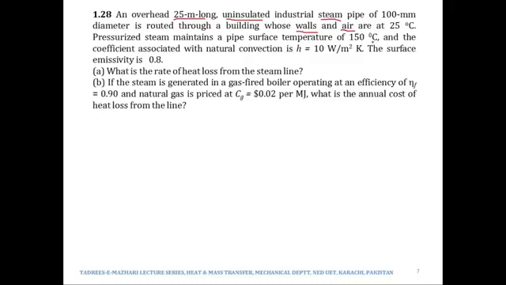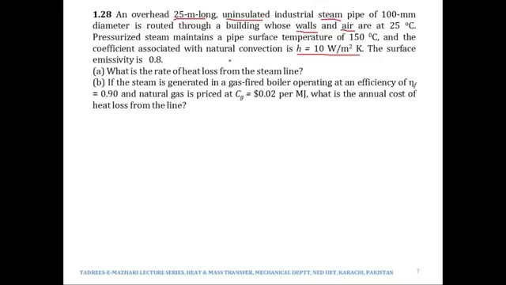Now that is another question, whether it is the inside temperature or the outside temperature, but we will see whether we should take it as the outside temperature or the inside temperature. And the coefficient associated with natural convection is 10 watts per meter square Kelvin.